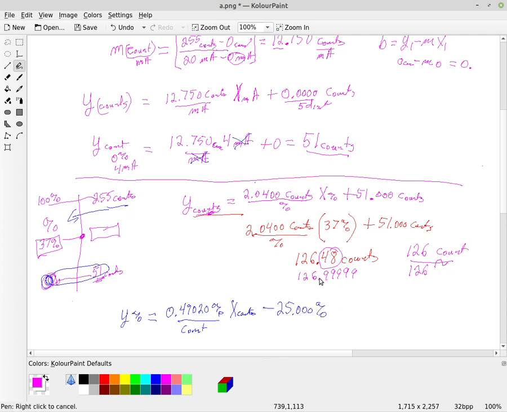And so even if the value was 126 with nines forever, it hasn't crossed the threshold, and so it's not 127. You do not round up, and you do not put decimal points, because the analog to digital converter only gives you an integer, right? This is an integer value here.